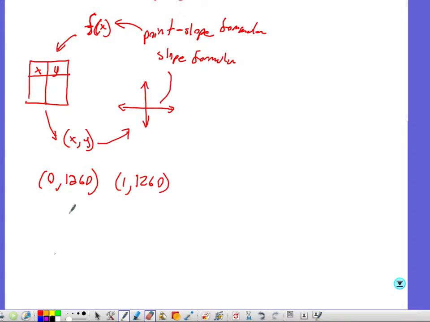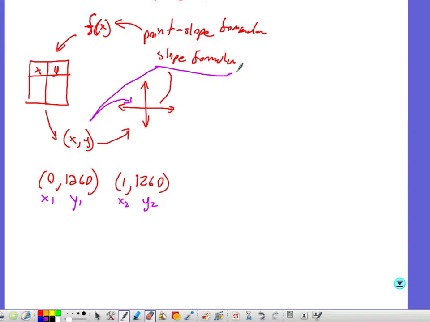Okay, so those are the two ordered pairs. Now, from those ordered pairs, we want to label the first one x1, y1, and x2, y2.